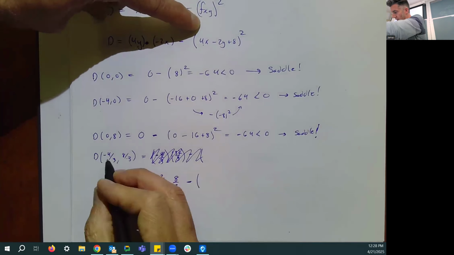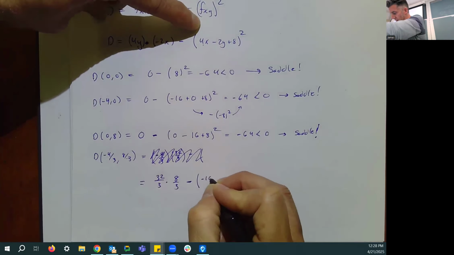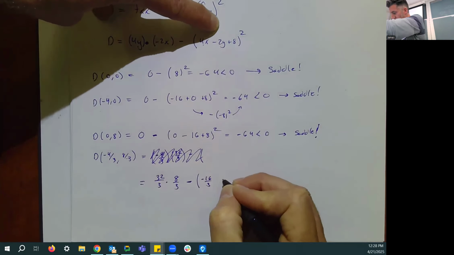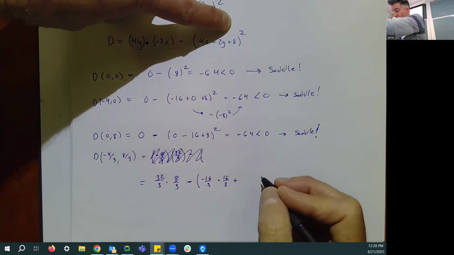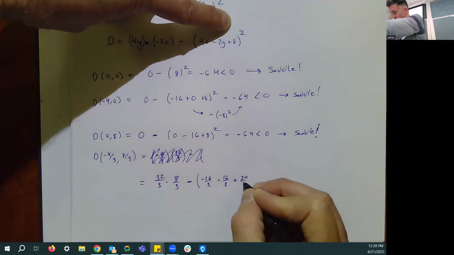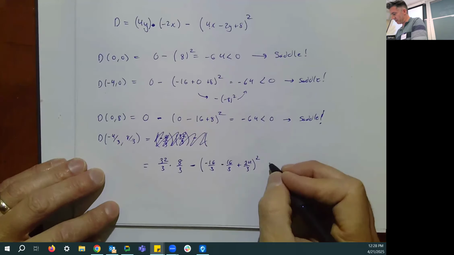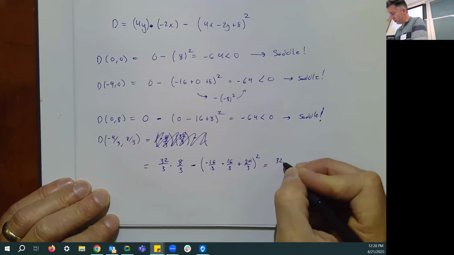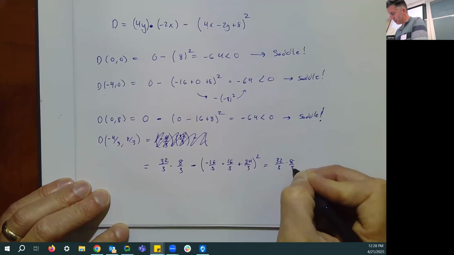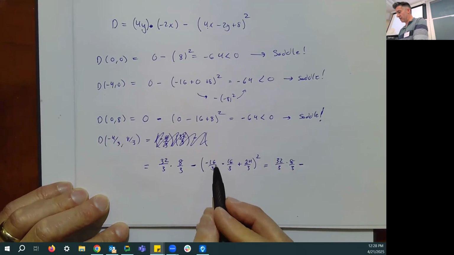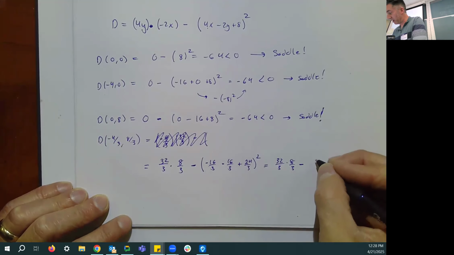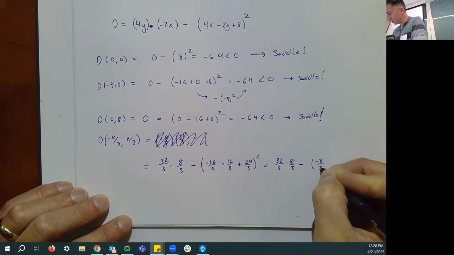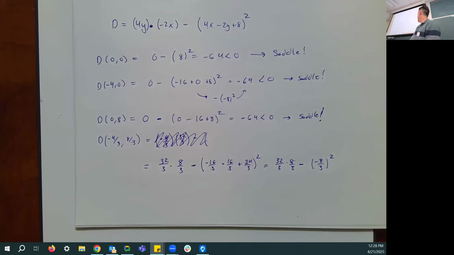Minus 4 times negative 4 thirds, so negative 16 thirds, minus 2 times 8 thirds, minus another 16 thirds, plus 8, which I'm going to simplify to 24 thirds. So here's what we've got. We have 32 thirds times 8 thirds minus negative 16 minus 16 is negative 32 plus 24 is negative 8 thirds squared. Okay.